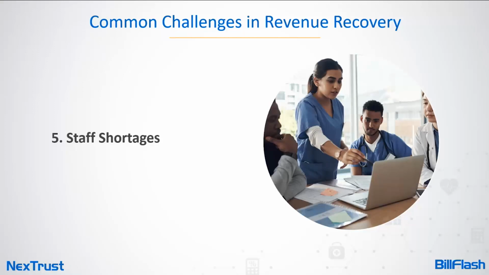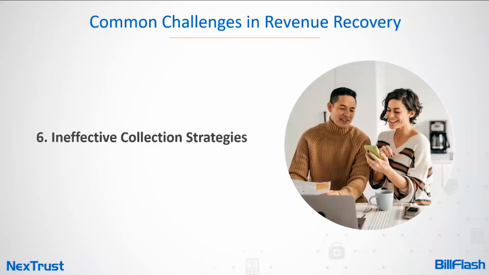The healthcare industry is continuing to face major shortages in staffing, making effective collections difficult. Hiring external collection experts could be the right solution for your practice. Finally, using the wrong collection strategy or not tailoring it to the specific patient demographics that we have can result in low collection rates. To address these challenges, we have to invest in robust billing and collection systems and implement effective communication strategies with both patients and insurance companies.